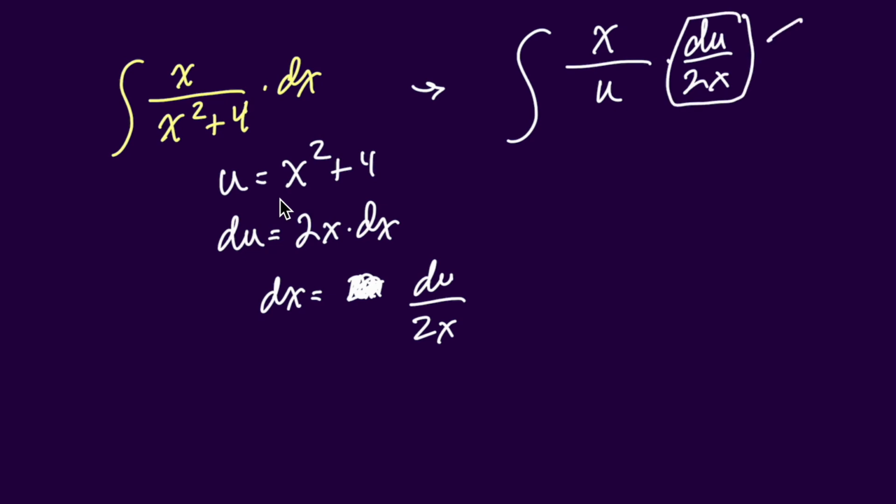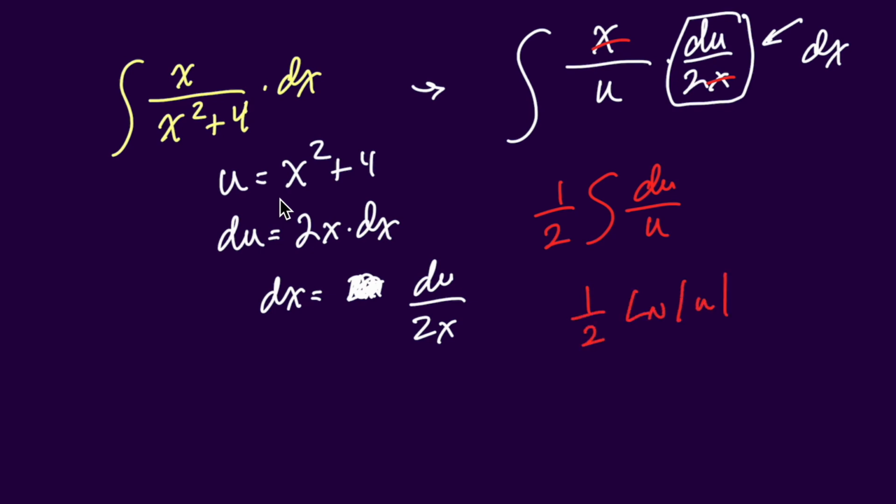This used to be dx. That allows us to cancel out these x's and pull out the 1/2, and we're left with 1/2 the integral of du over u, and this is going to end up being 1/2 natural log absolute value of u, and then we'll go ahead and substitute x squared plus 4 for u, and we have our antiderivative.